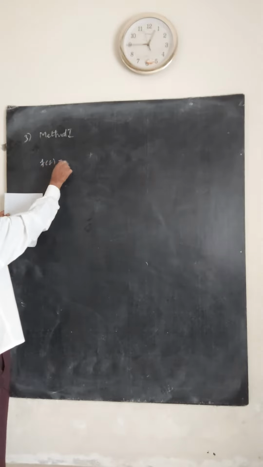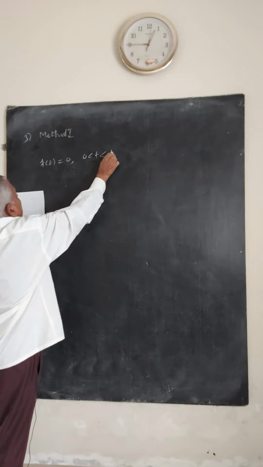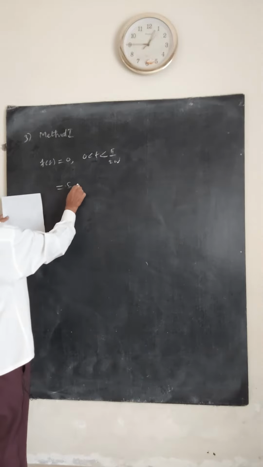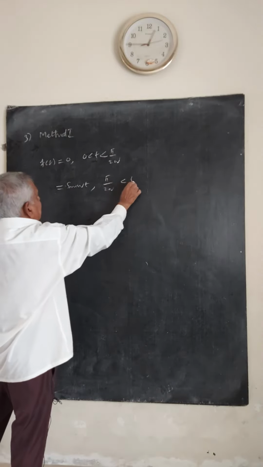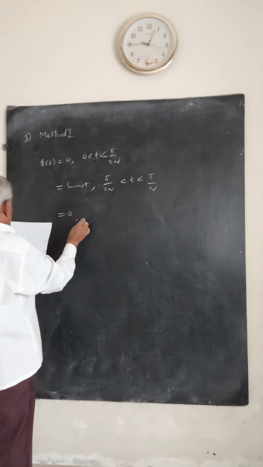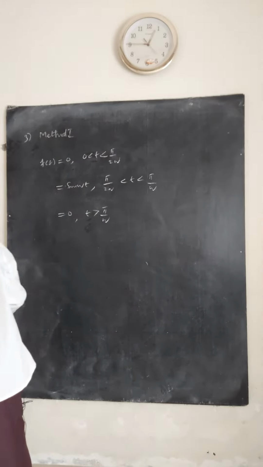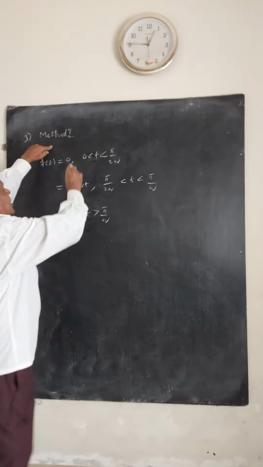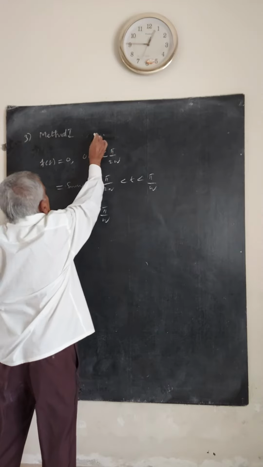If f of t equals 0 where 0 less than t less than pi by 2 omega, equals sin omega t where pi by 2 omega less than t less than pi by omega, and equals 0 when t is greater than pi by omega. The first method is the unit step function method, or second shifting property.